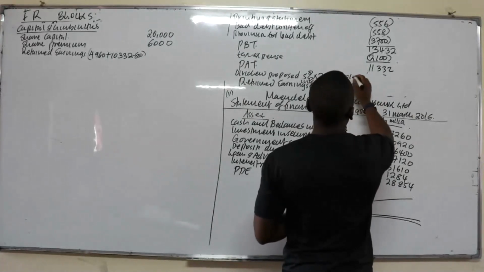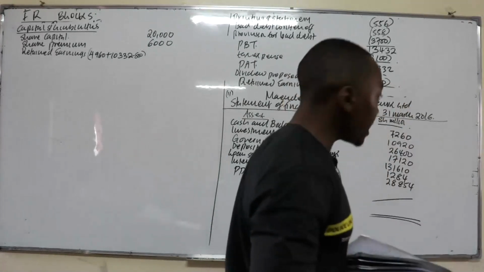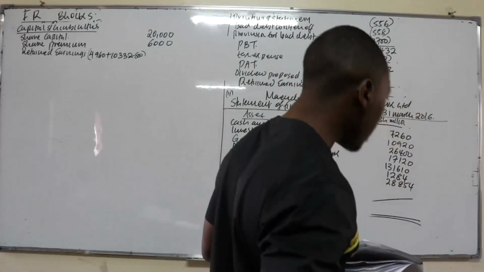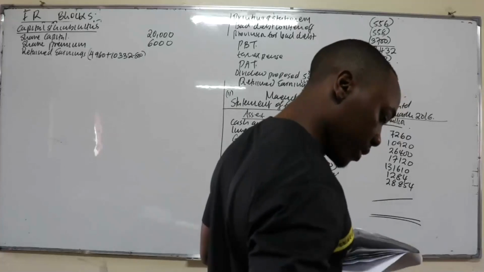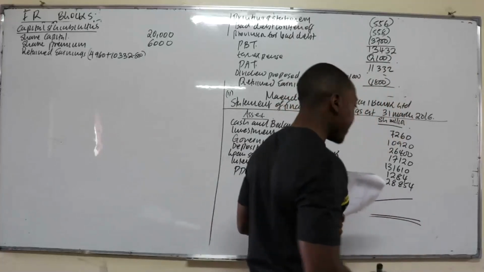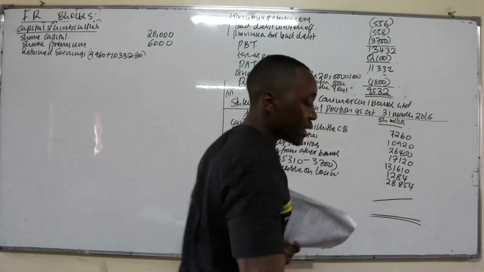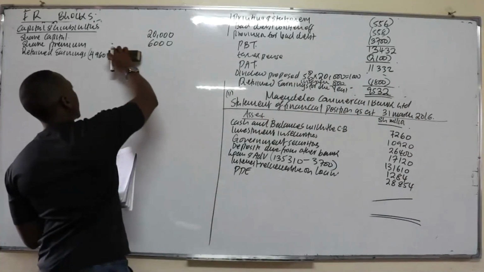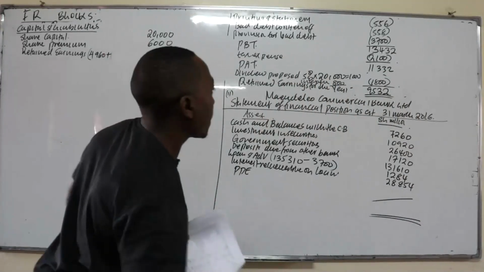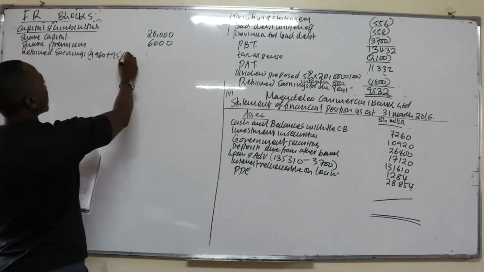So the retained earnings for the year is 11,332 minus 1,800, which is 9,532. So here we can just add directly 9,532.